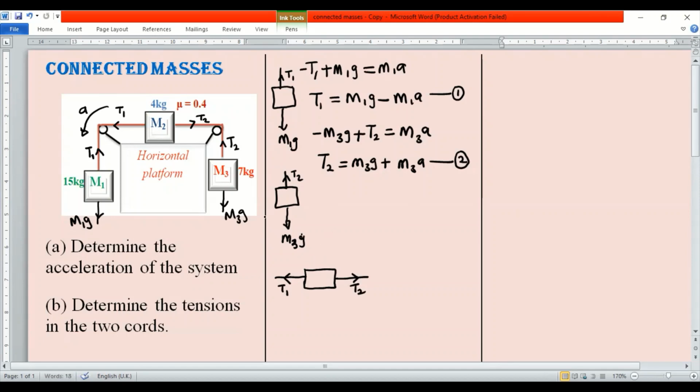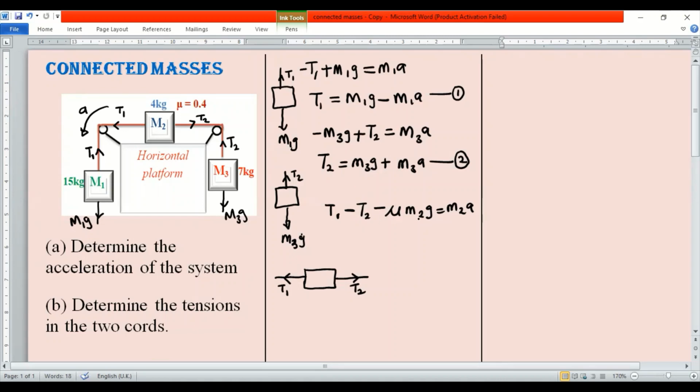Since this is the orientation, the direction is to the left, it means that for this system, T1 minus T2, then the frictional part is the resistance, so minus frictional force, which is mu M2G. So this equals M2A. So that's equation 3.